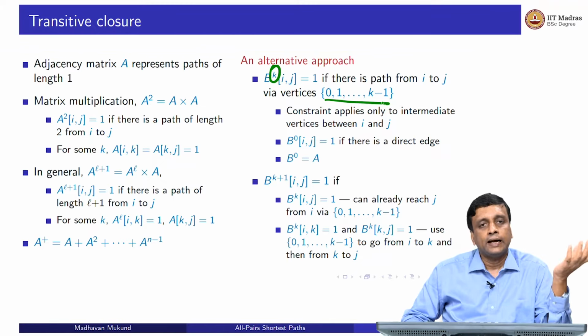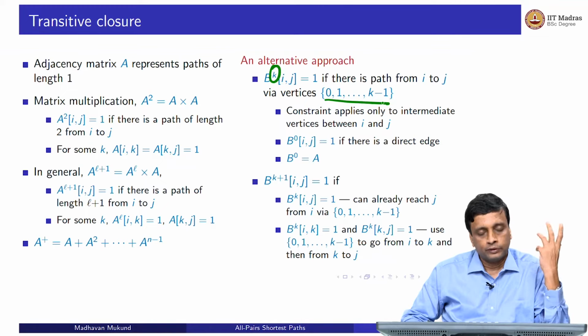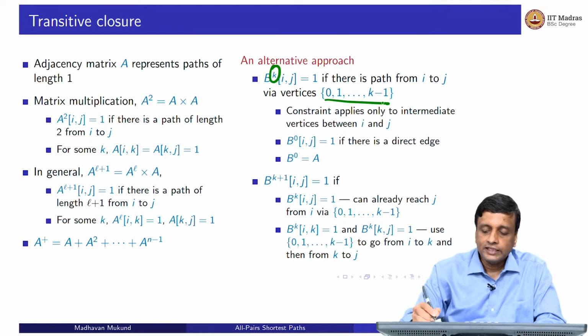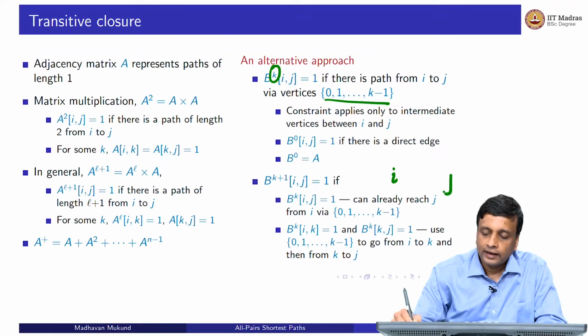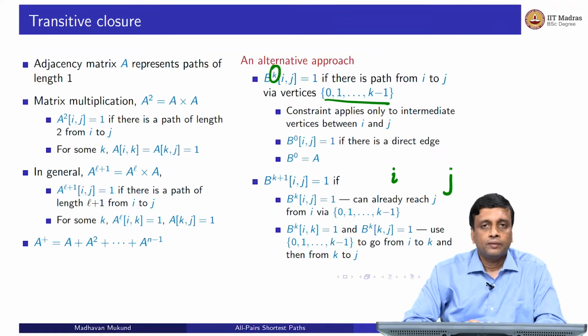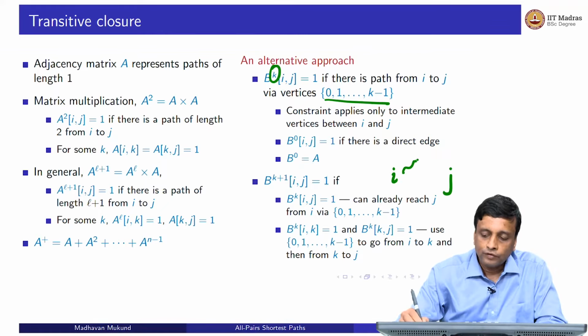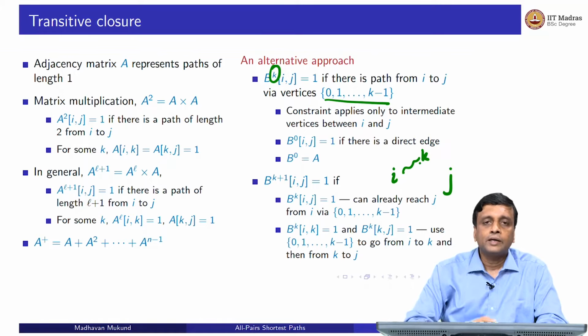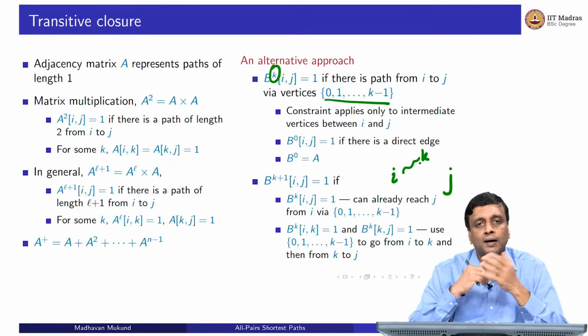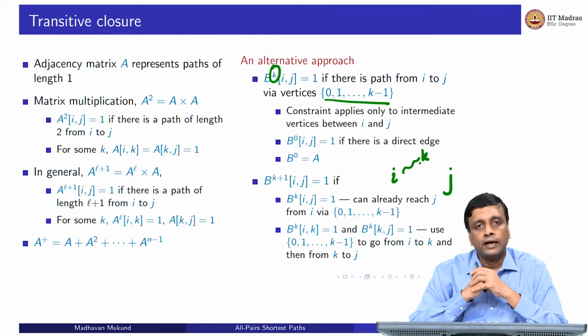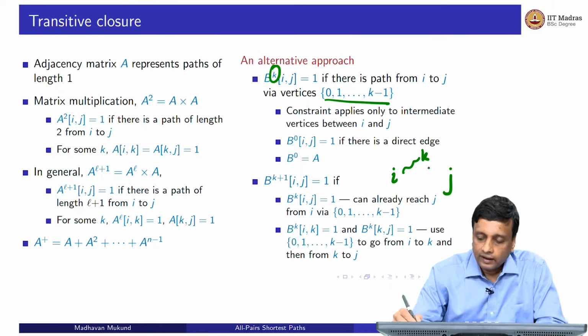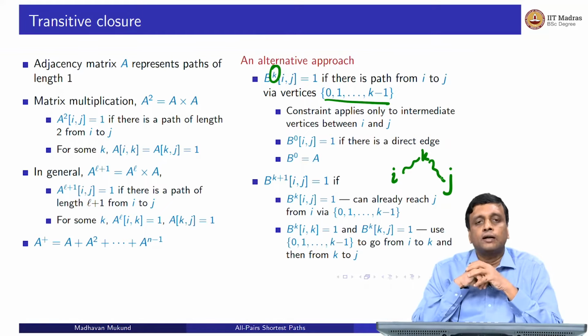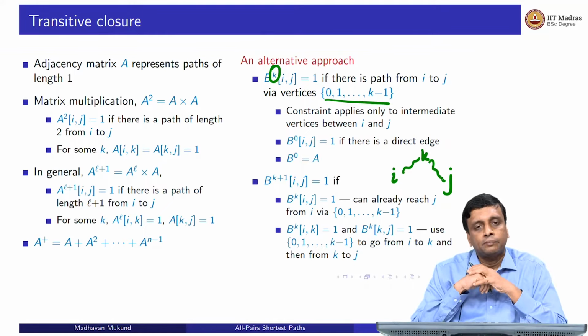That means that B_ij to the power k is already 1, or I need this vertex, right. So if I need this vertex, I start from i and I can't get to j without using k. But if I go from i to k, then remember that these are all going to be shortest paths, right. If I am going from i to k, I should not need to visit anything in between, and if I go from k to j, I should not need to visit k again in between.